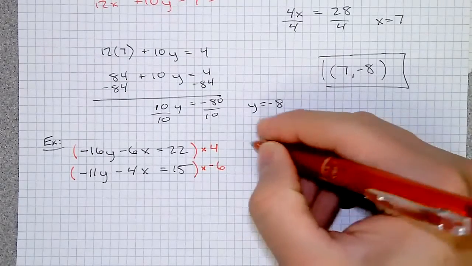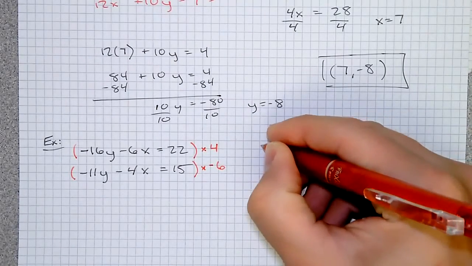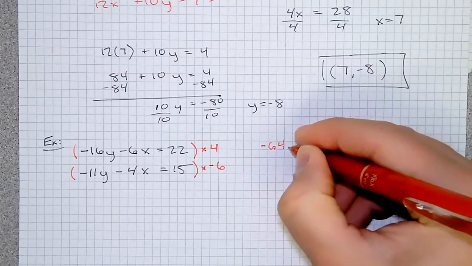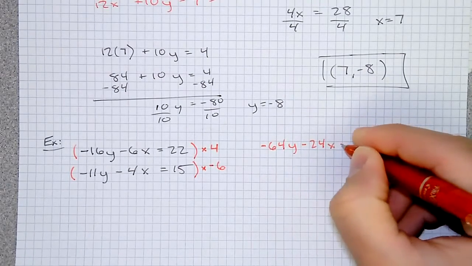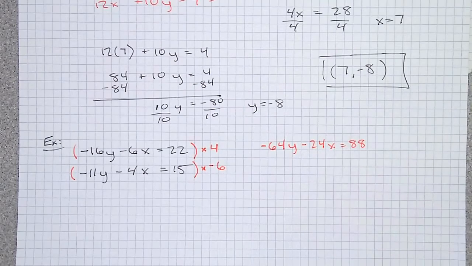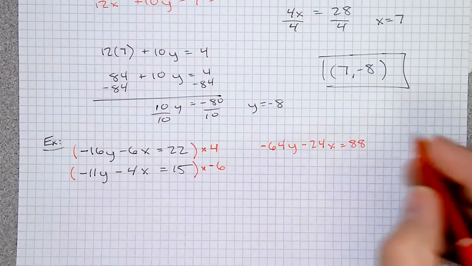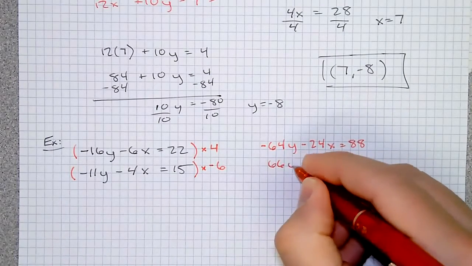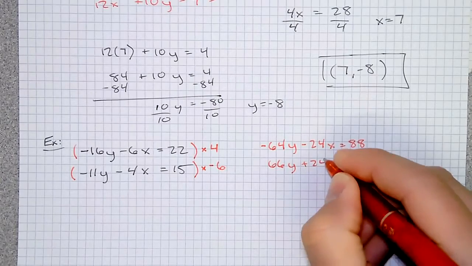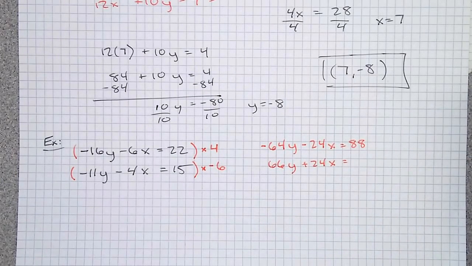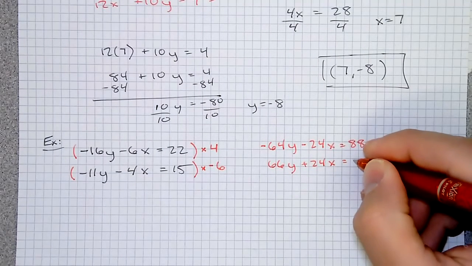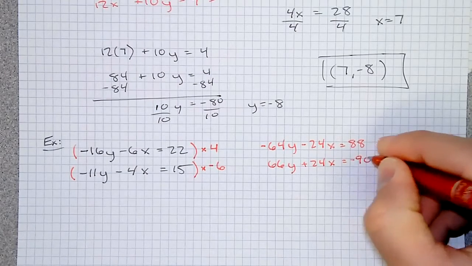So my new equations then would be negative 24y minus 24x equals 88, and negative 66y plus 24x equals negative 90.